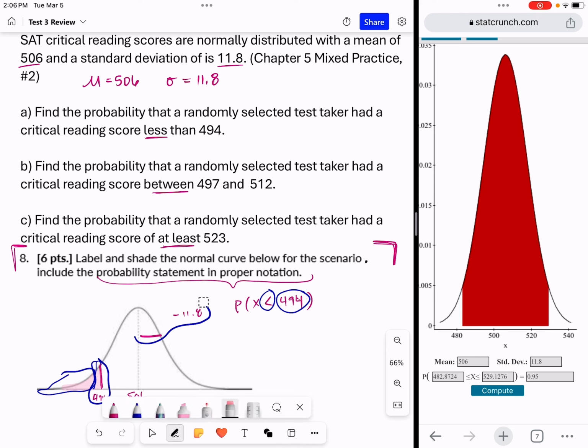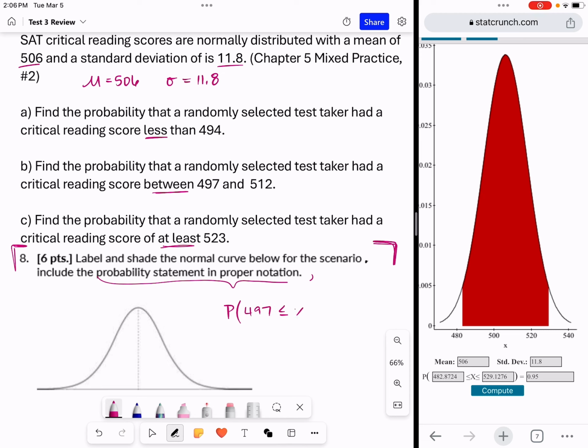If the question that you answer is a between, so let's start over. So first of all, for the probability, if we're doing between, we want to start off with a number, 497.